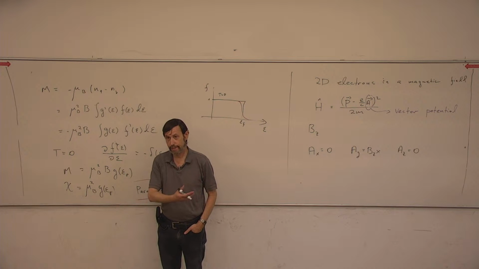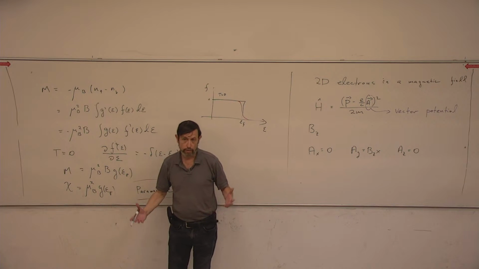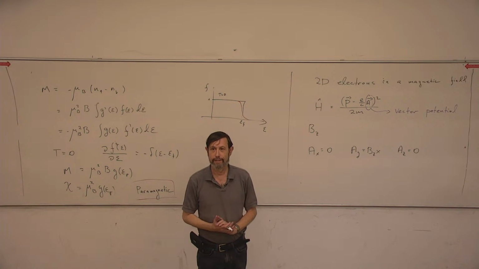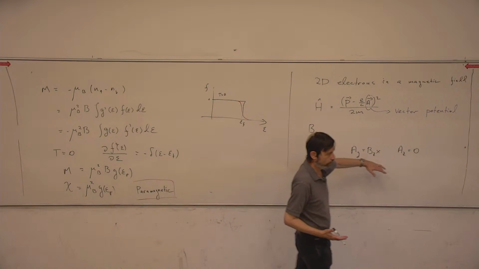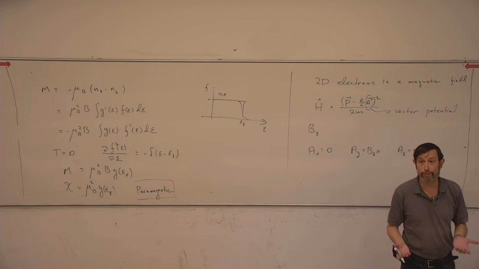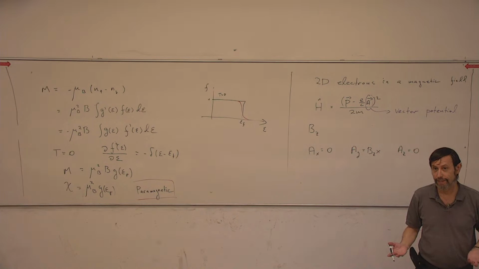Why? You can see curl of A is equal B. Now you could stop me and say, excuse me, but you could have chosen different A's, right?